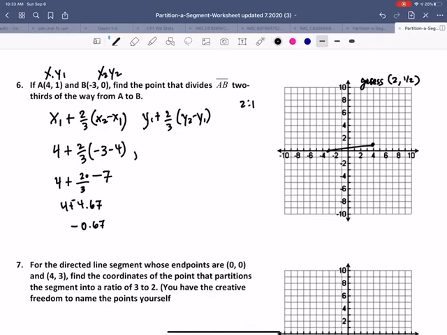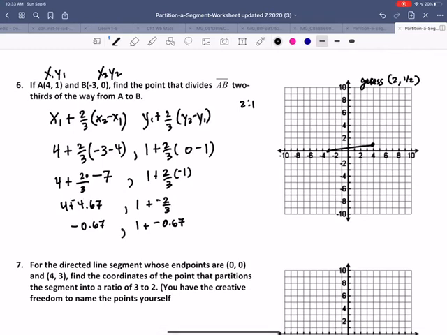Now let's look at our y. So y1 is 1, 2/3 of the way there. So 0 minus 1. And 0 minus 1 is a negative 1. So we get 1 plus negative 2/3. Okay. So that would be 1 plus a negative 0.67.